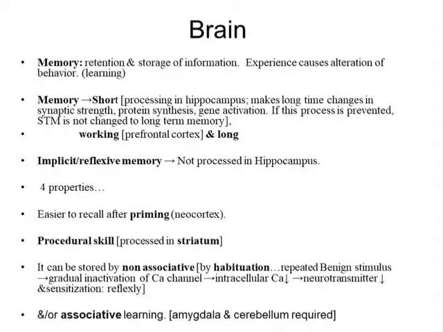Another is procedural skill, processed in the striatum. I think you have learned basal ganglia. So striatum, you know, striated part. That memory, procedural skill memory, is an implicit or reflexive memory. Suppose you are trying to learn how to ride a scooter.